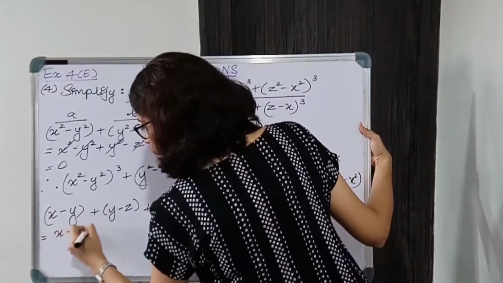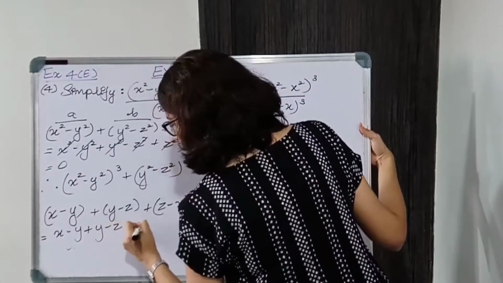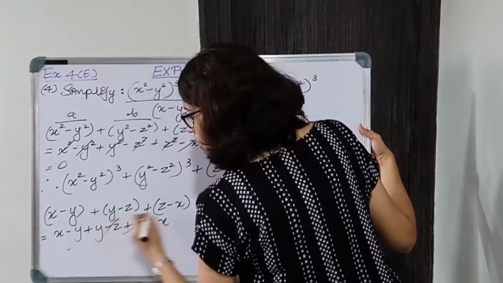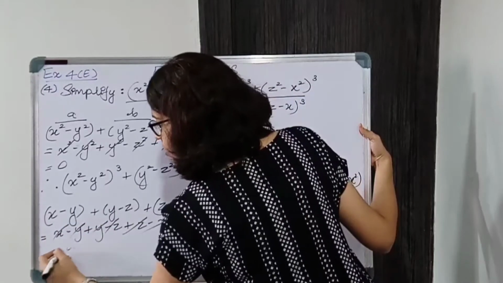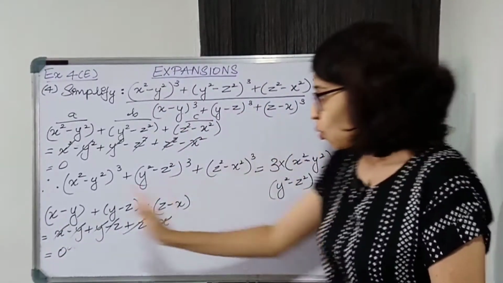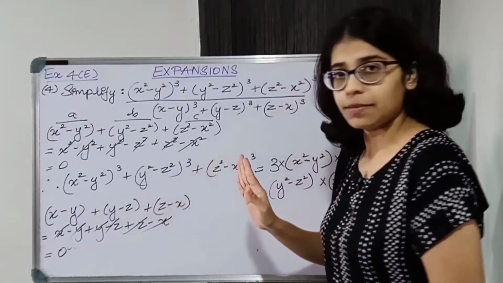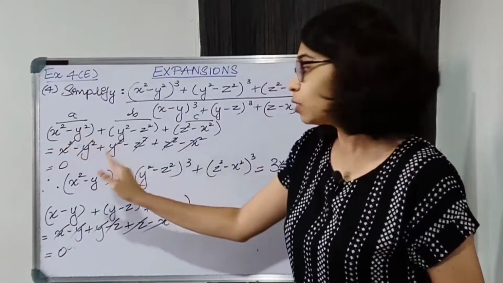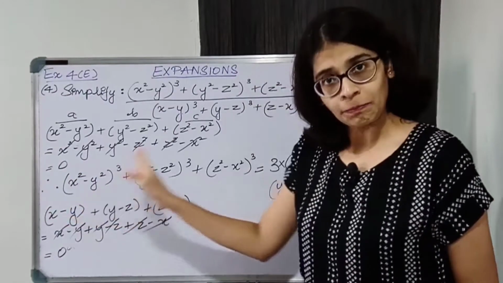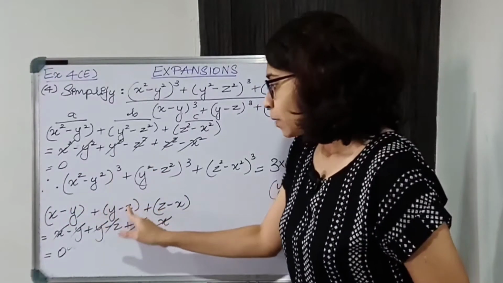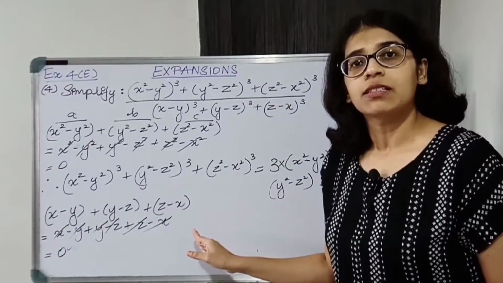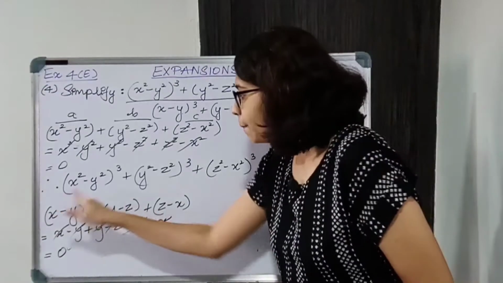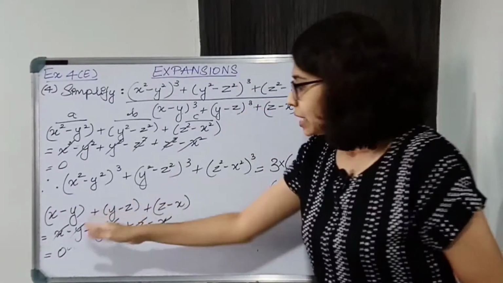So x minus y plus y minus z plus z minus x. Open the brackets. All the terms are getting cancelled, so we are left with 0. So a plus b plus c is 0. Over here a was x square minus y square, over here a is x minus y. B is y minus z and c is z minus x. So a plus b plus c is equal to 0.